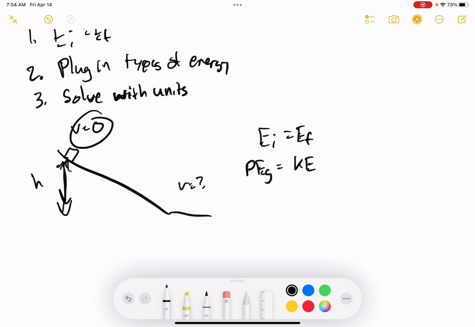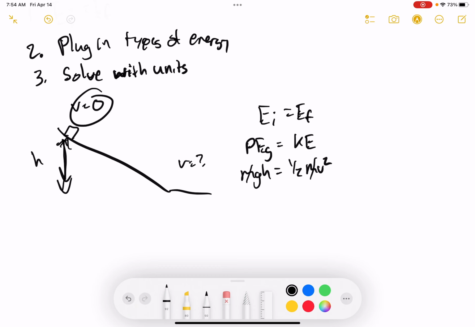Now you plug in your formula for PEG, which is mgh, and then plug in your formula for KE, which is 1/2 mv squared. You'll notice the m's cancel. In energy, the m's almost always cancel unless I have a spring involved. So go ahead and then just solve for v.